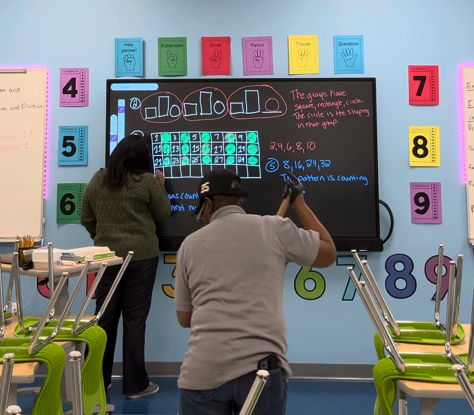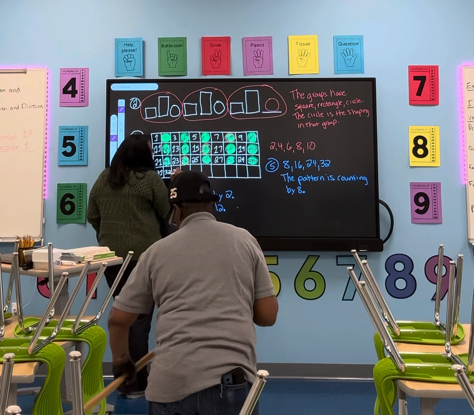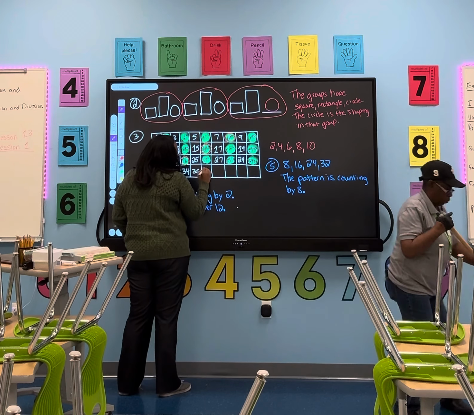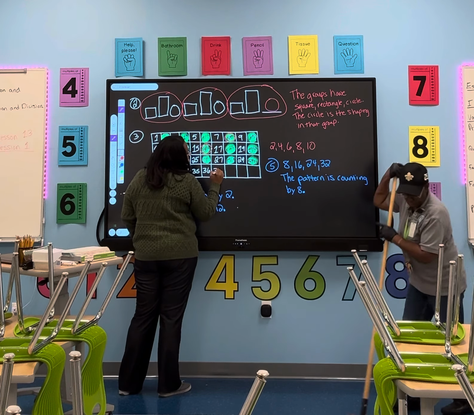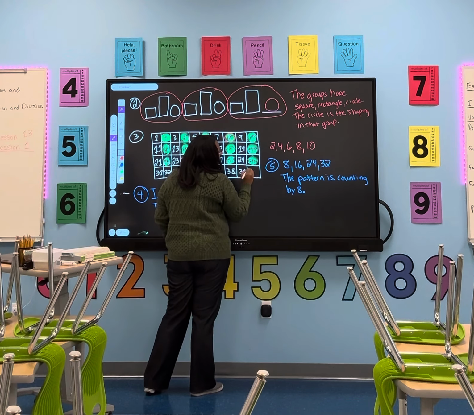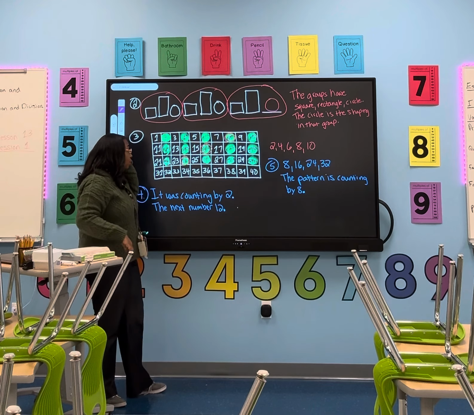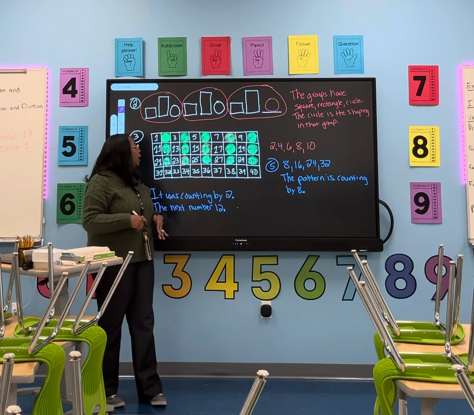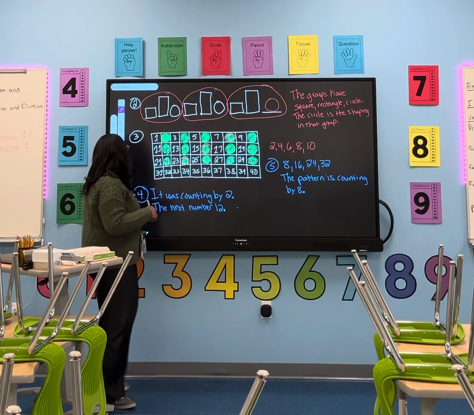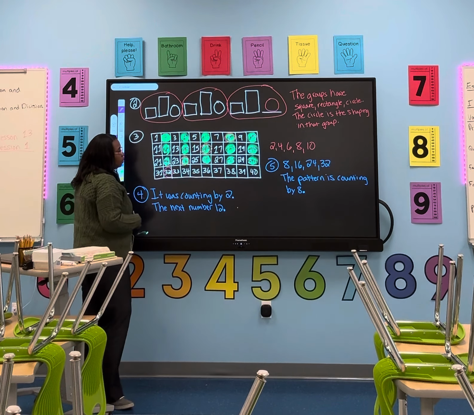So we stopped at 30, this is 31, 32, 33, 34, 35, 36, 37, 38, 39, and 40. So we finished that last final row, and now we're going to go ahead and circle because it says to write and circle. So the next number would be 32 that I would circle.